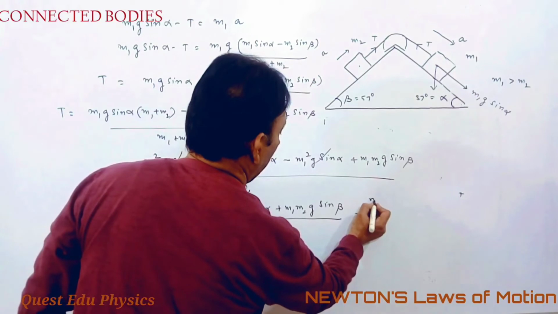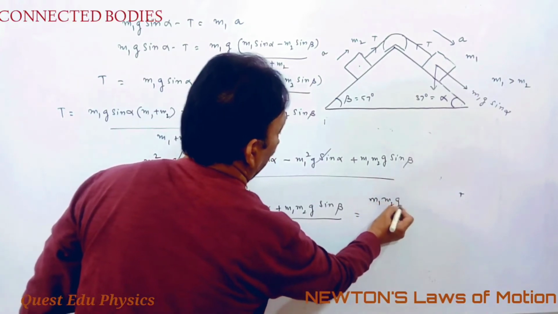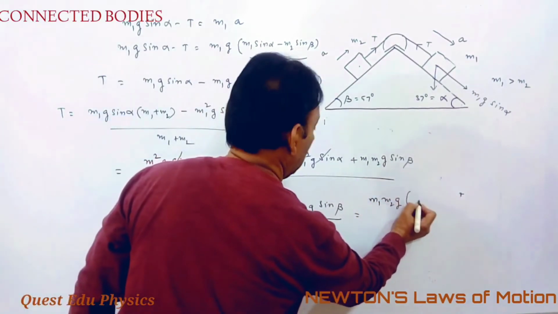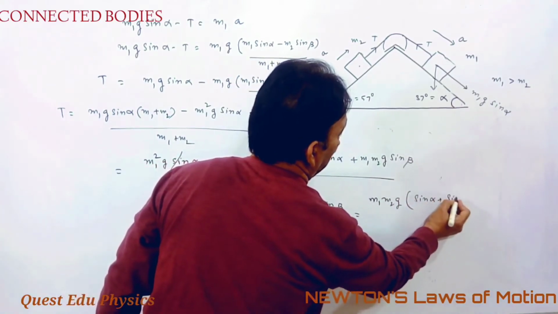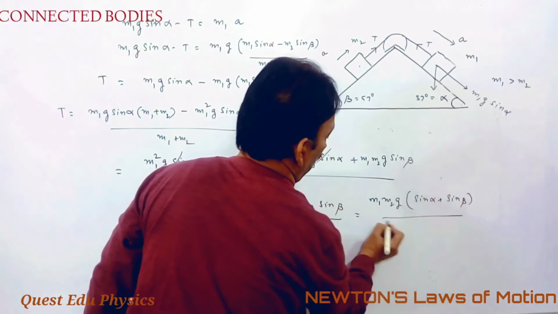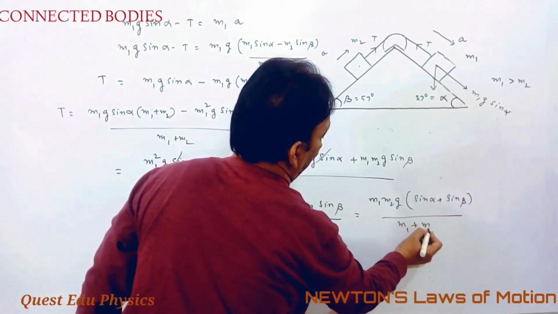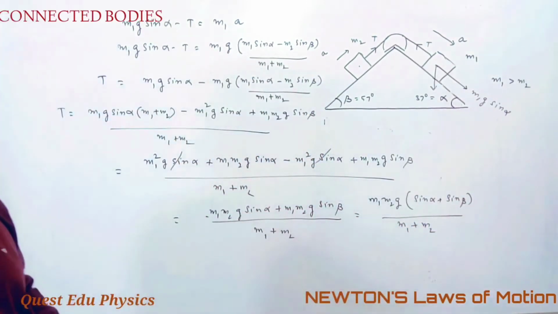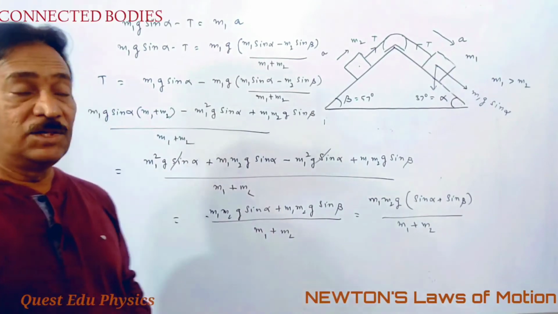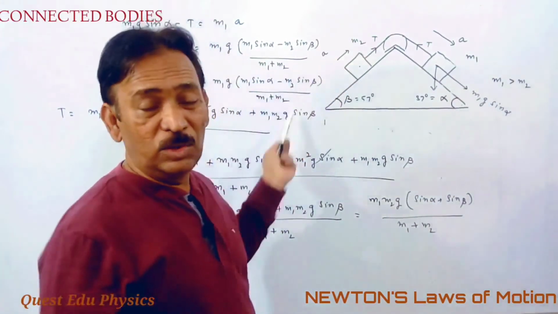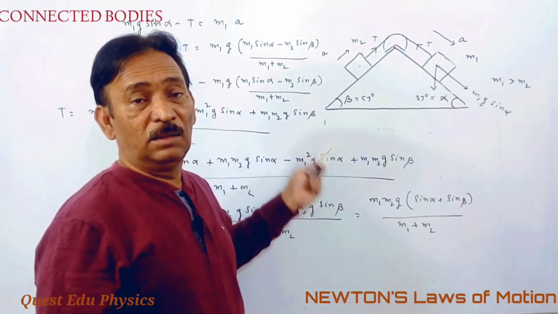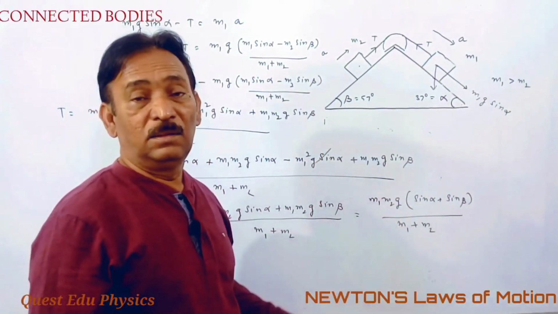Here we are taking m1 m2 g as common, that is sine alpha plus sine beta whole divided by m1 plus m2. In this way we can find out the tension. If m2 is greater, then you have to do the same case. Okay, the terms will change.